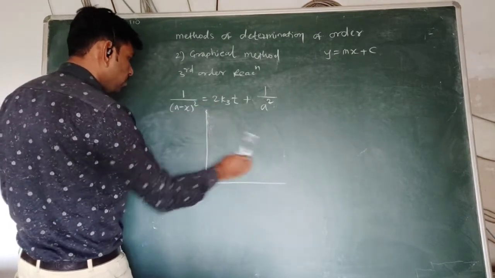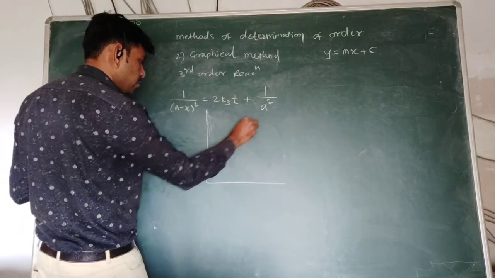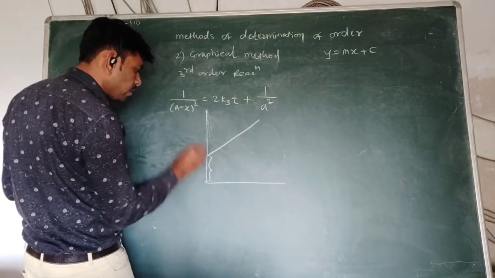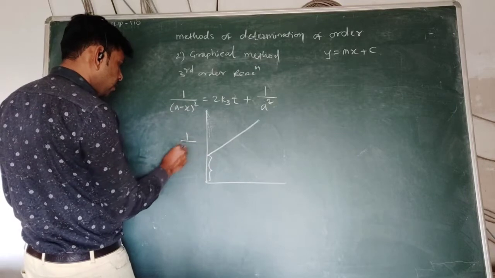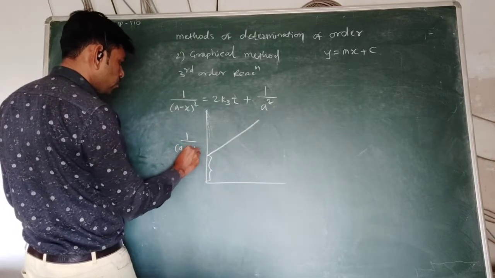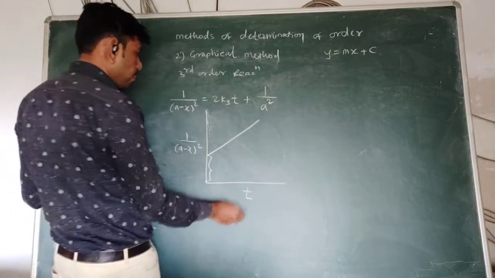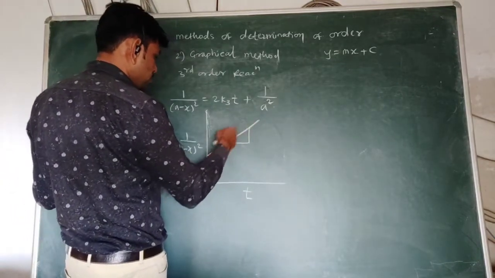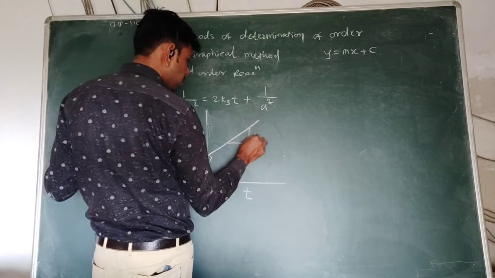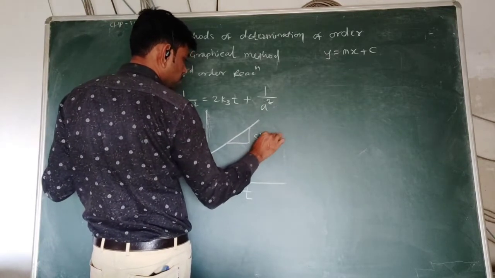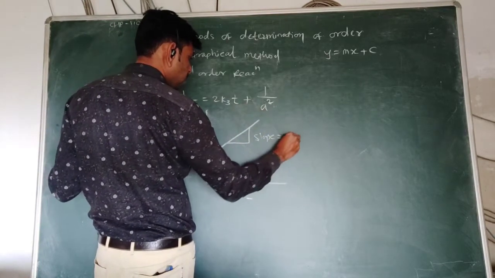Here a positive graph is there with an intercept. The y-axis is 1 upon (a minus x) square, and the x-axis is time t. This graph is plotted, and we obtain this type of graphical representation with slope equal to twice k3.